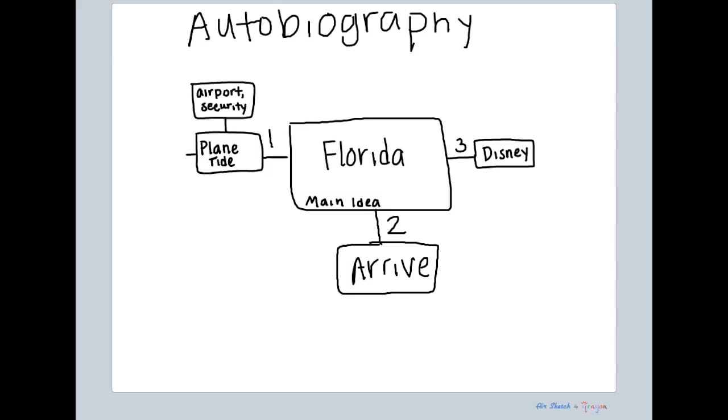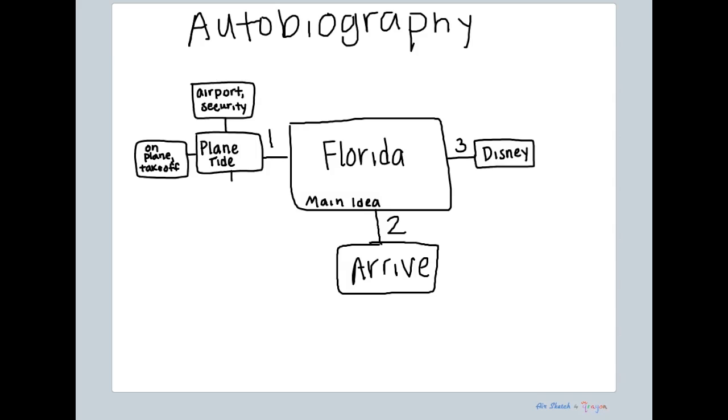So I'm going to write that, and I might even want to talk about the takeoff. Put a box around your idea once you have your thoughts in there. Again, these are thoughts, they are not complete sentences.